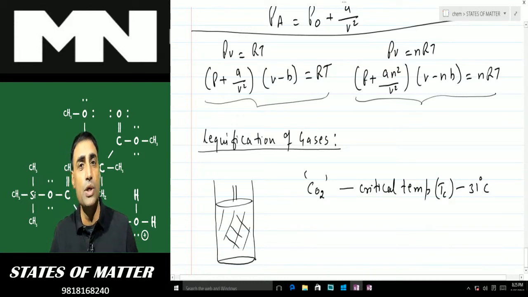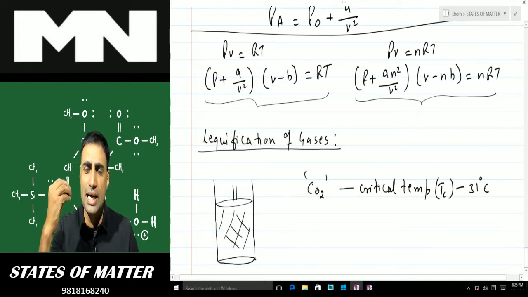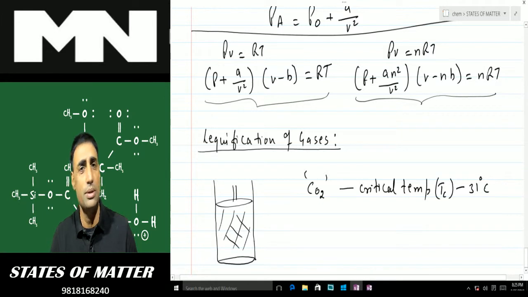So if you have CO2 at, say, 32 degrees Celsius, you can increase the pressure as much as you want, CO2 will not undergo liquefaction. Above 31 degrees Celsius, whatever the pressure may be, CO2 will not undergo liquefaction. So what is critical temperature? It is that temperature at or below which a gas can undergo liquefaction by increasing pressure. And above that, the gas will not undergo liquefaction, howsoever high the pressure may be.